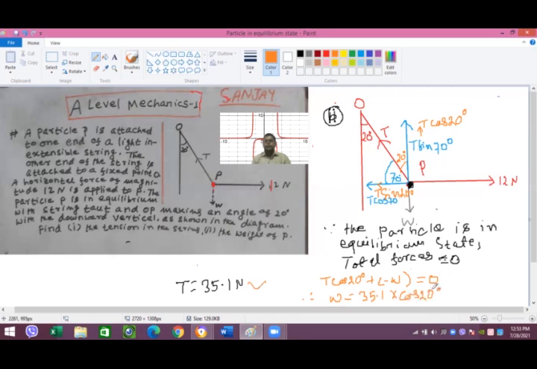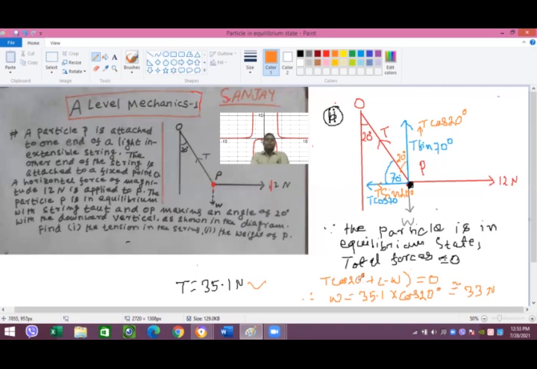Take your calculator again, you will see that the value of force is equivalent to 33 Newton. That means in this way also, the magnitude of this weight will be 33 Newton. So in this way also we can calculate the weight.